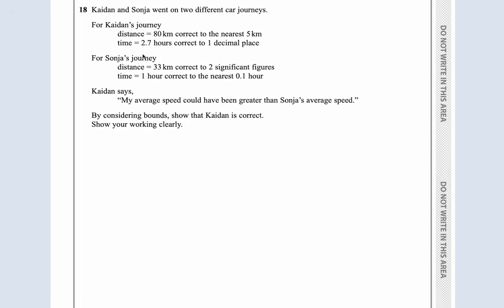Firstly, speed is equal to distance over time. Now, Kaidan is saying that his average speed could have been greater than Sonia's average speed.